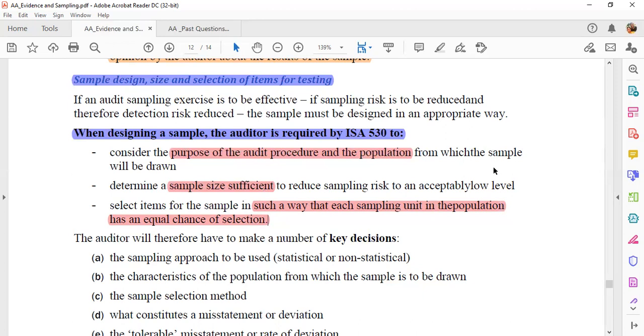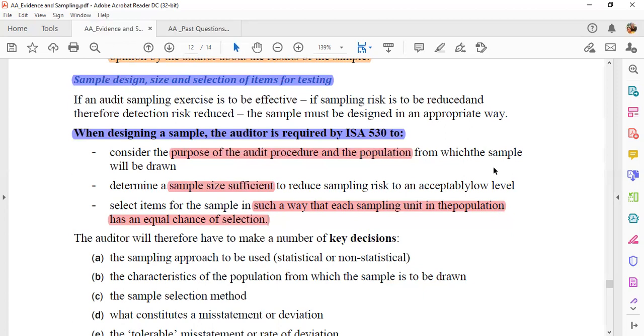When designing a sample, according to ISA 530, what do we require the auditor to do? Understand and consider the purpose of the procedure and the population. Determine the sample size that will be appropriate.